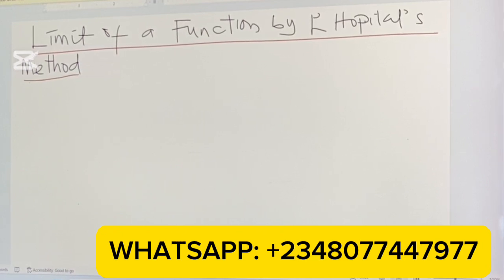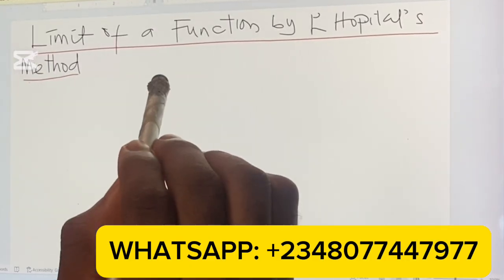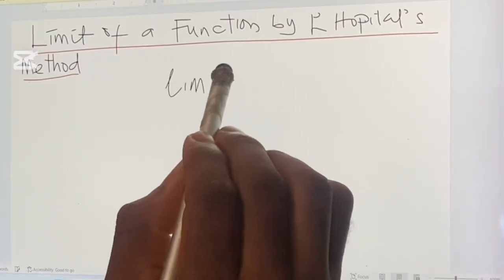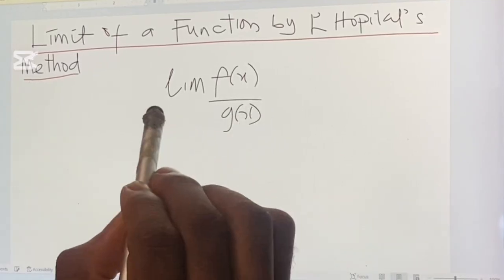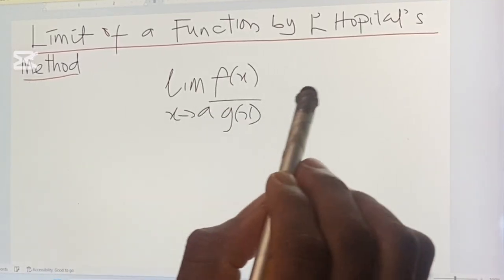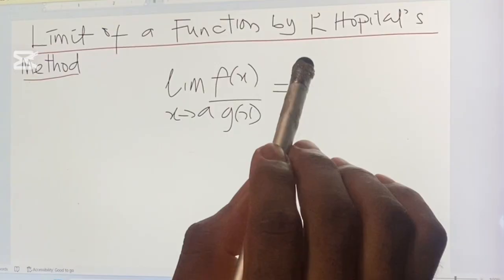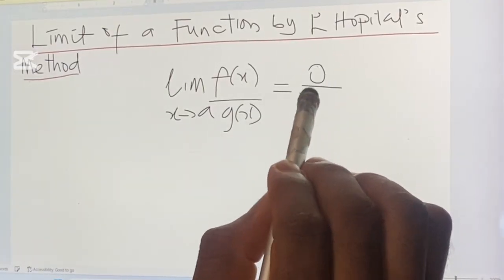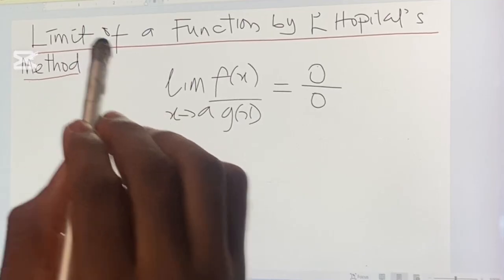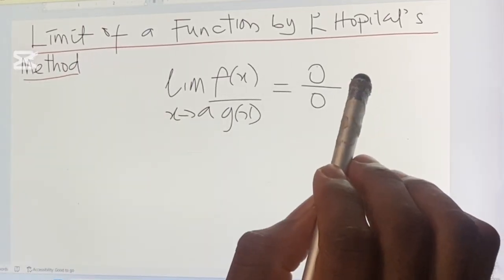Please take note. If I'm given the limit of f of s over g of s as s tends to a, and when you replace the value of a, we have 0 at the numerator and 0 at the denominator, we call this particular limit an indeterminate limit.